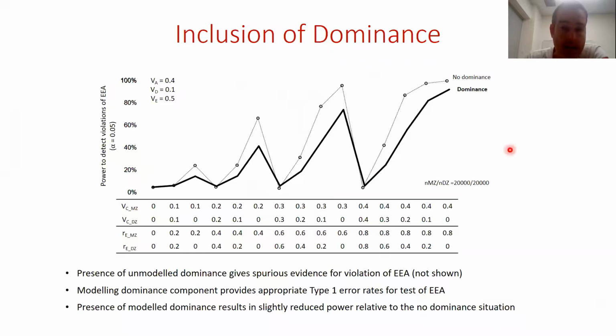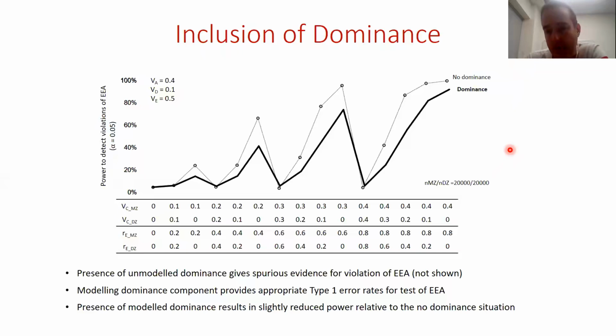That's potentially useful, because if dominance genetics is actually contributing to twin similarity, you want to model it as well. And if you don't model it, then that's going to give you spurious evidence for violation of the equal environments assumption.